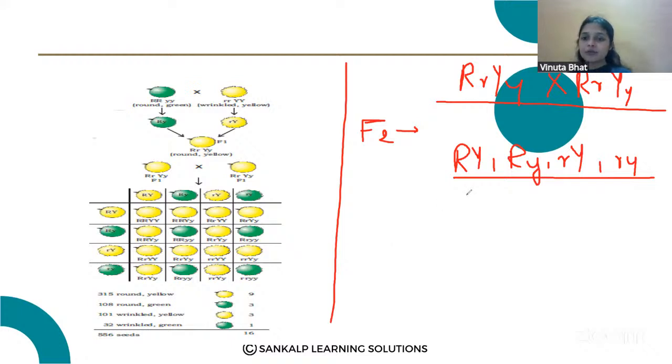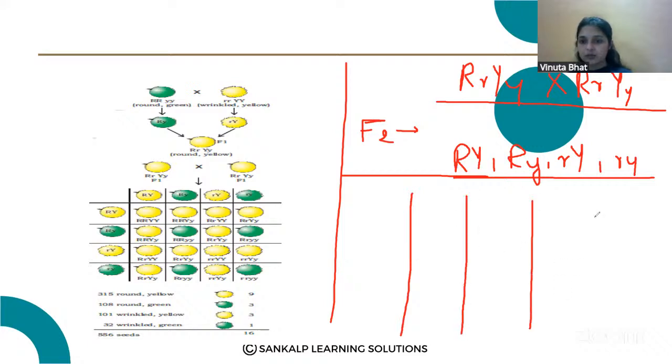But we can count the different types of plants formed in the F2 generation by using the checkerboard. So here we have to draw the checkerboard. Just draw the checkerboard, with four rows and four columns.